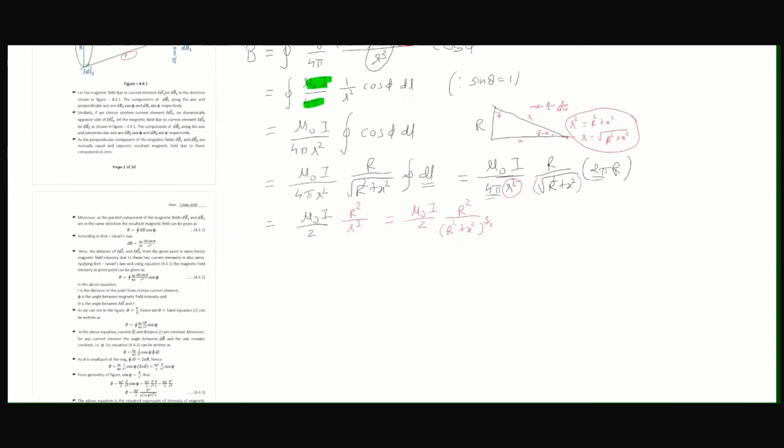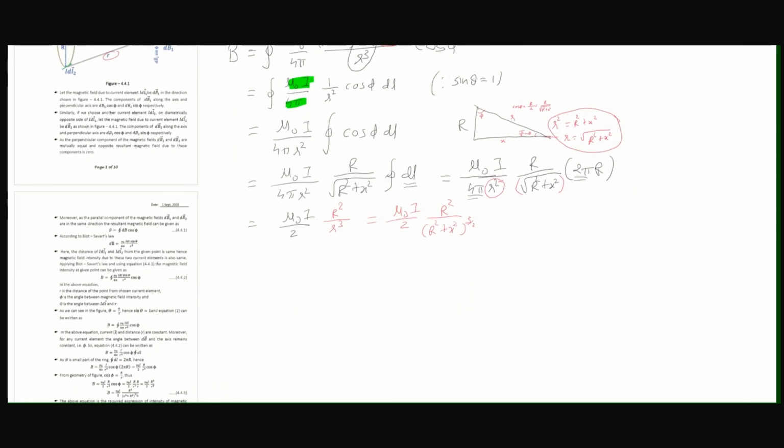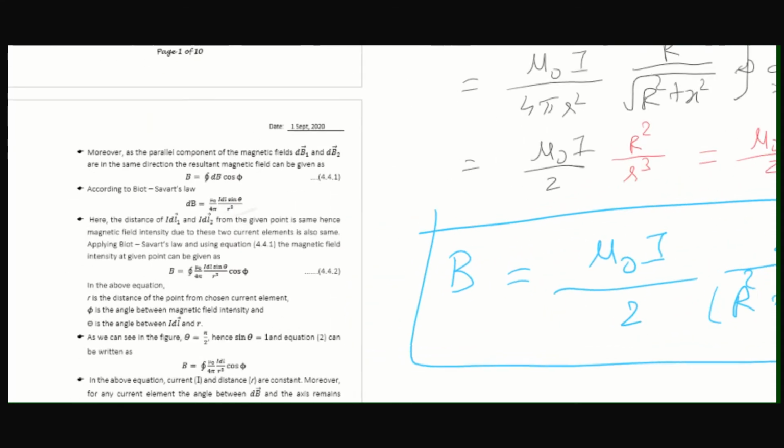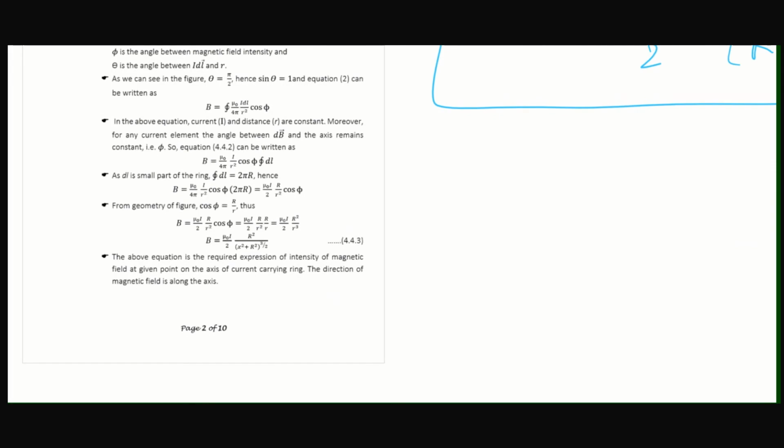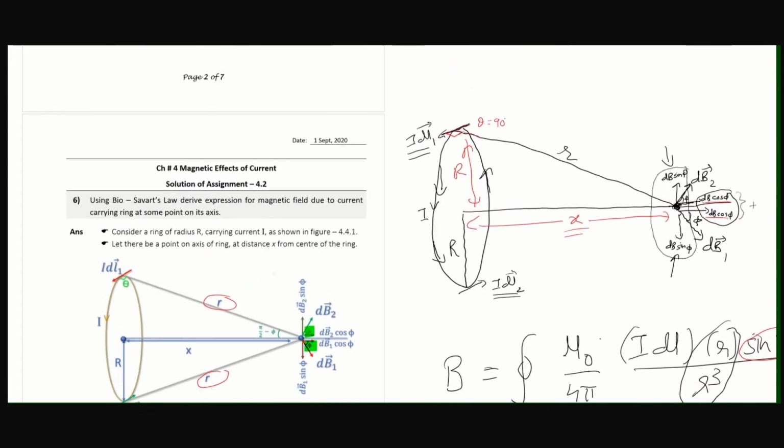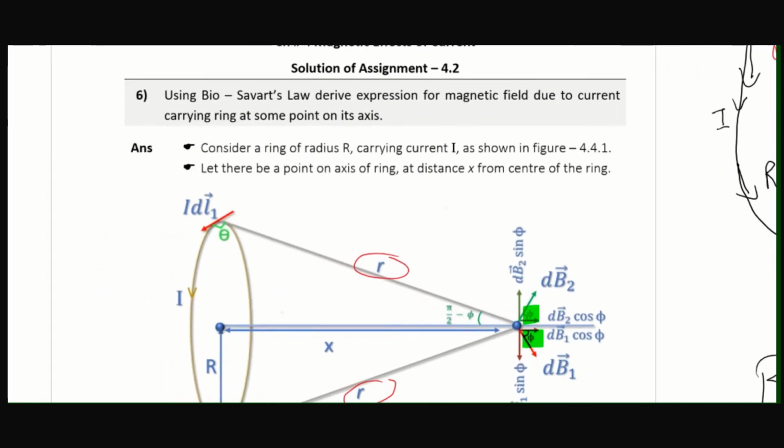So here is the formula. B is mu 0 I by 2 r square upon r square plus x square raised to 3 by 2. This is the expression for magnetic field due to current carrying ring. Okay, so let us have a look at the answer.